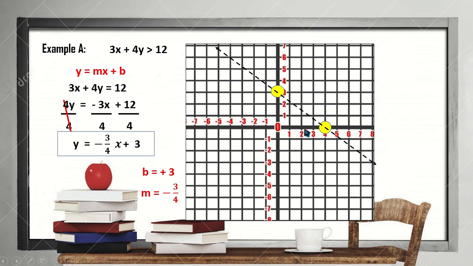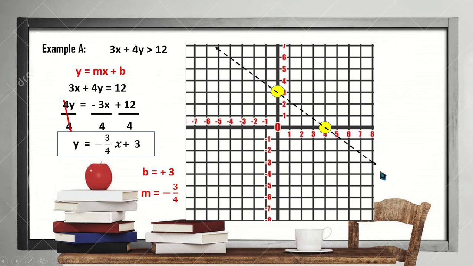Bakit broken line? Kasi, yung inequality symbol natin ay greater than lang. Kapag ang inequality symbol natin ay greater than or less than, ang gagamitin natin line is broken line. Okay? Ibig sabihin, itong line natin ay hindi kasama.